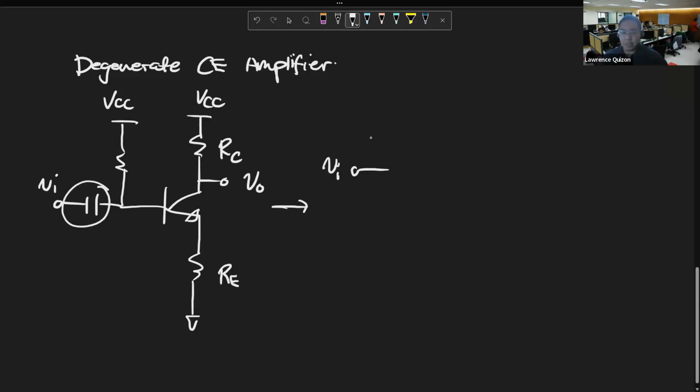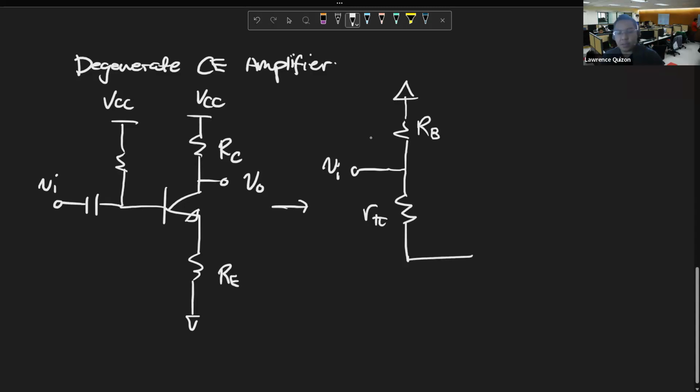The capacitor disappears, because we assume we have enough frequency to treat the capacitor as a short. We're not at DC. Then we enter the transistor. There's an RB up here, but we enter the transistor. Then we have gm VBE, and VBE is this.